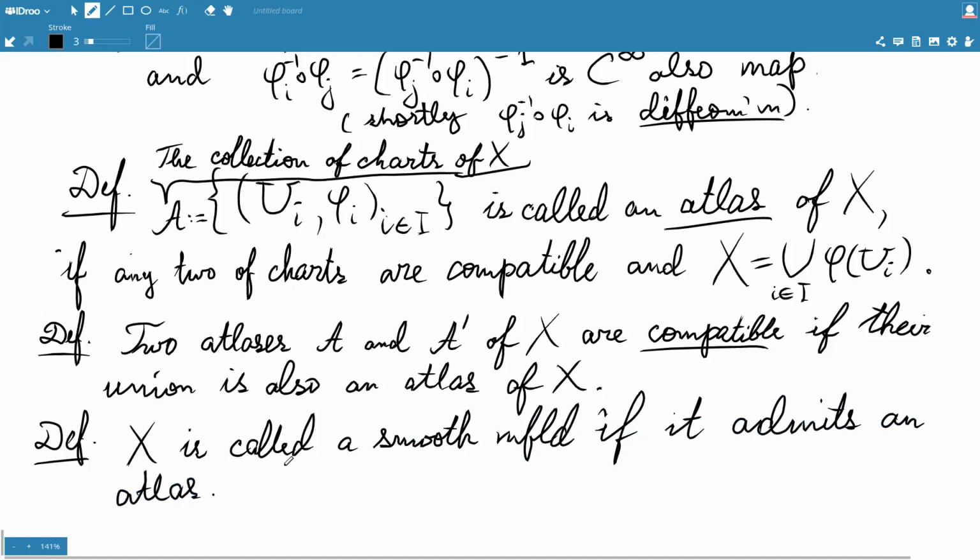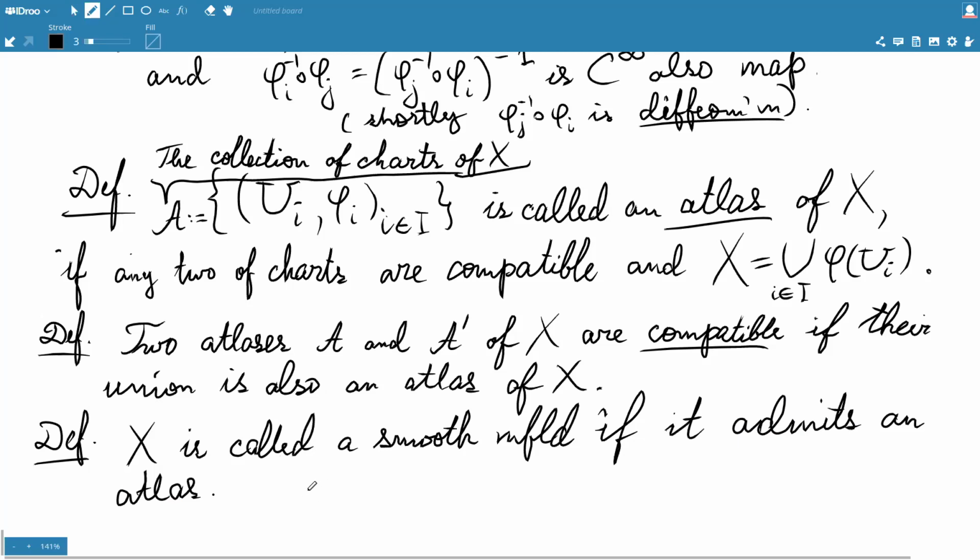So we usually work with some given atlas in X, and mostly this atlas is given intrinsically, not explicitly. We just mean that there is a certain atlas. Okay.